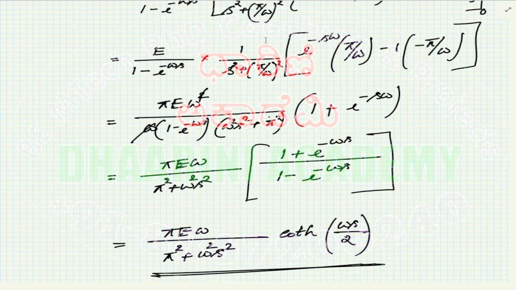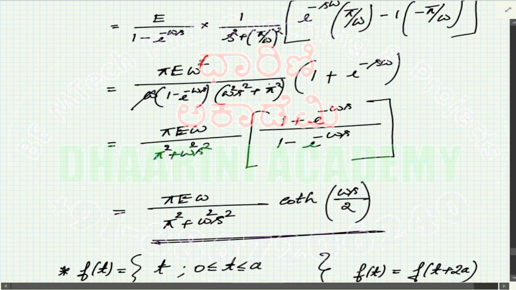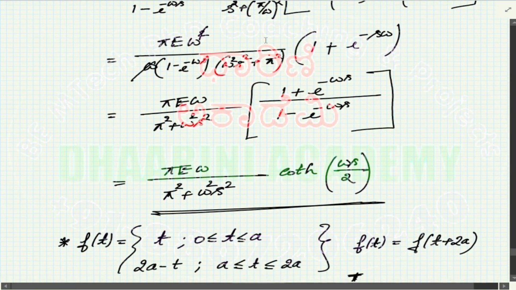After simplification you will get a cot hyperbolic. This is okay, right? Shall we proceed further?